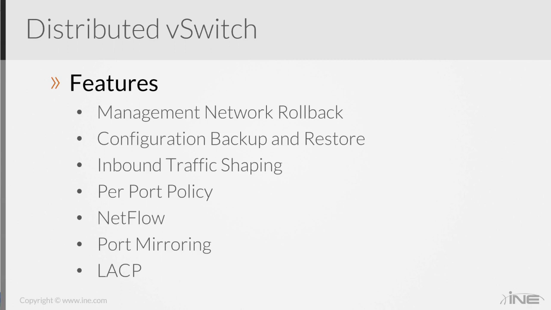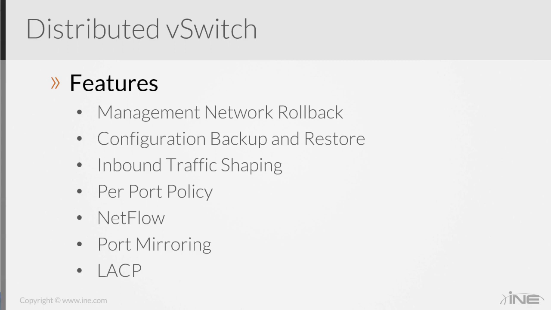An ideal use case for this would be shaping our inbound traffic to our distributed port group. We could use this if we're trying to shape the bandwidth to a VM that's acting as a web server within that particular port group that we're applying this shape into.